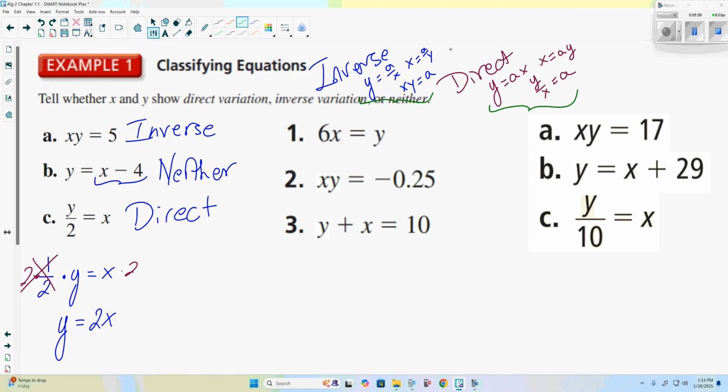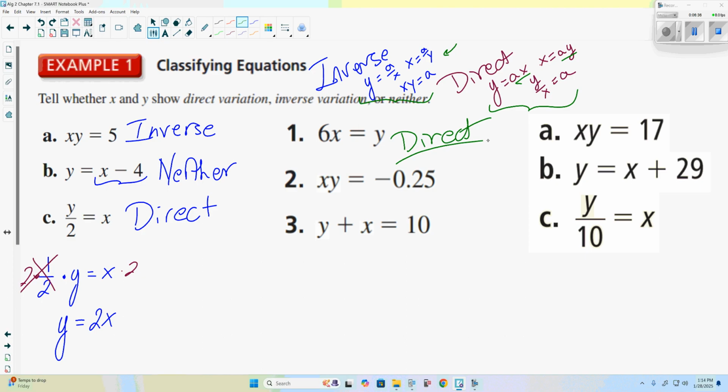Here, inverse, all of our numbers are being divided by x or y, or the two are being multiplied together, yes? Direct, we have a times x or a times y. And what is a? So what is a taking the place of? A is just a number. So in this case, it would be 6. So this is actually direct. Like in C, on the one we did just before this, a was either 1/2 or 2. A is just a constant number.